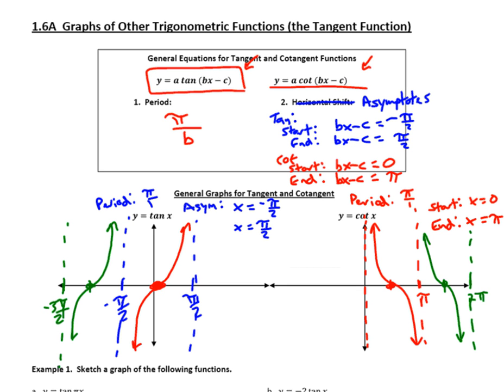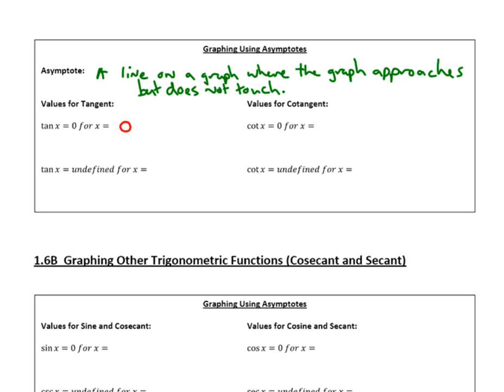Okay, and so the asymptotes are at negative pi over 2 and pi over 2, etc. If we were making it general, remember we did this general, we're doing the pi over 2 plus pi k. So every period starting at pi over 2, this is going to have an asymptote there.